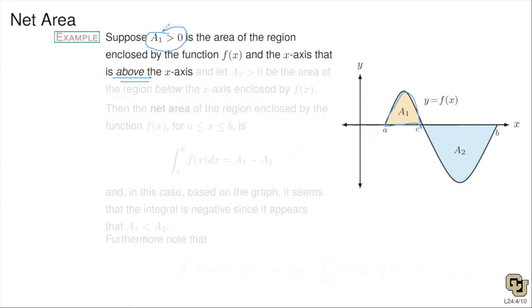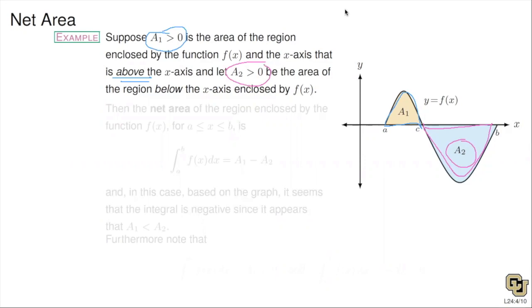So A1 is some number that's greater than 0. And now for this region here, that's below the x-axis. This is the region bounded by the function and the x-axis, and it's below the x-axis. Here I'm calling the area A sub 2. So that's again a positive number, okay?